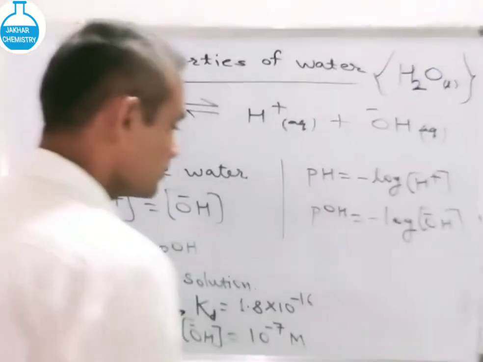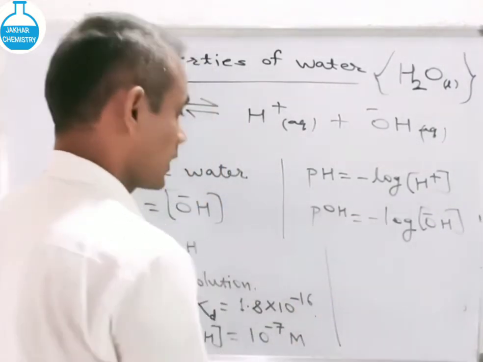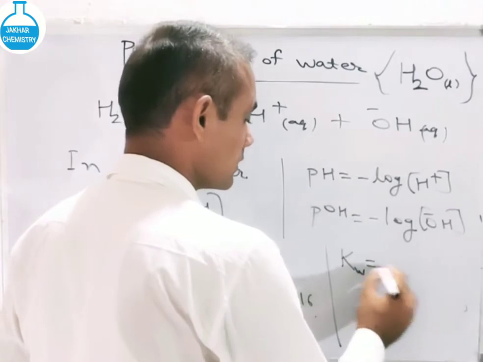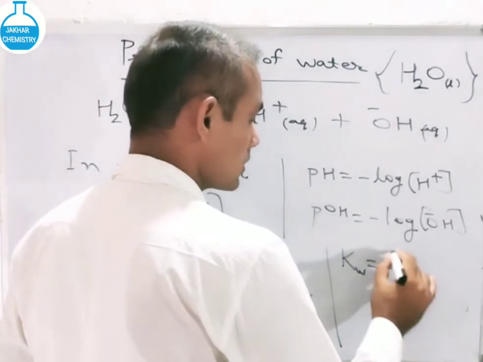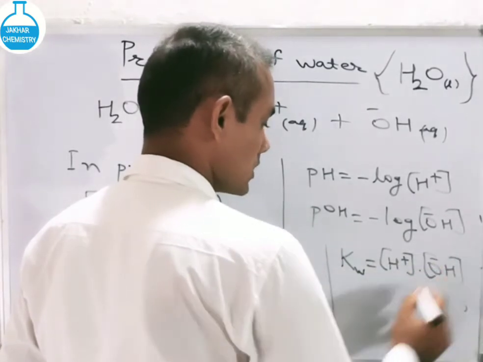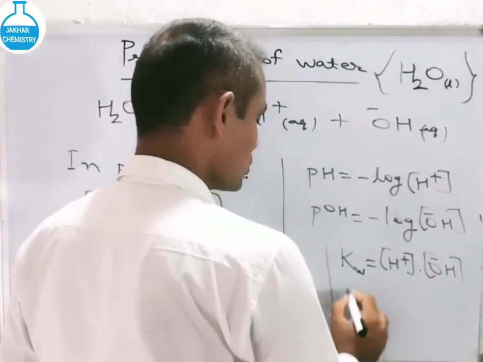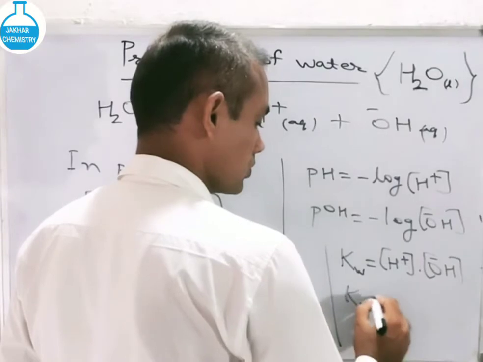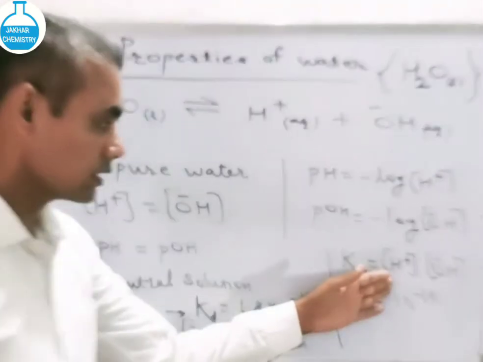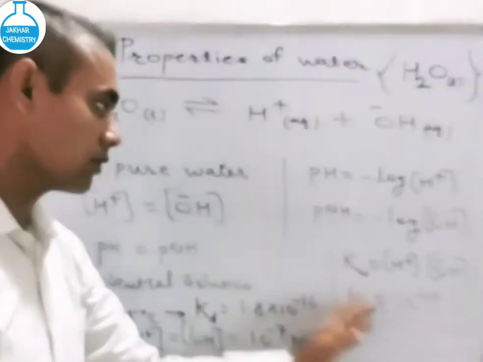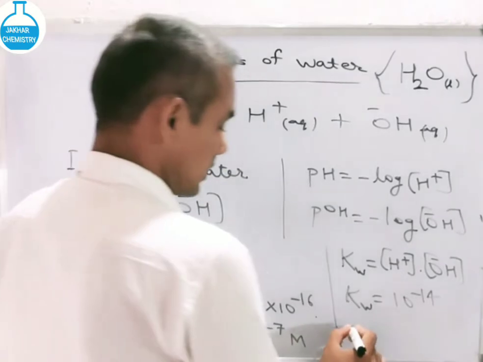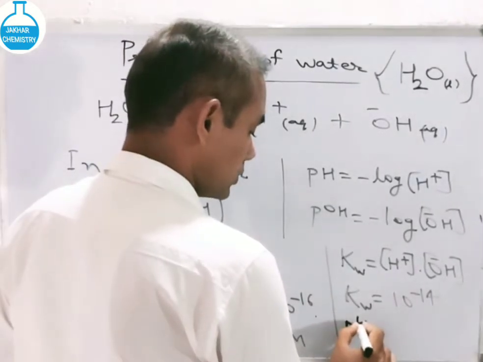And then ionic product of water, Kw, is given by the formula active mass of H plus multiplied with active mass of hydroxide ion at equilibrium state. So this will be equal to 10 raised to power minus 14. Do remember, 10 raised to power minus 7 into 10 to the minus 7 will give this. Then one more thing we are calculating, that is known as pKw.